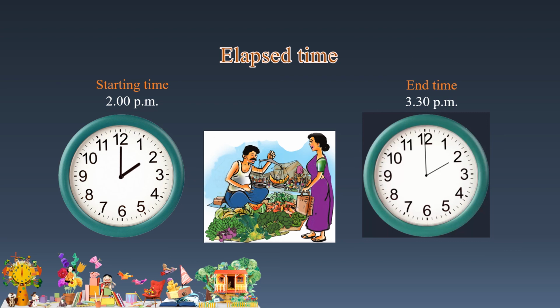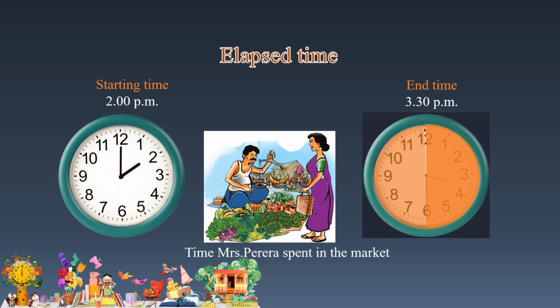So she started her work at 2 p.m. and the end time is 3:30 p.m. So what is the elapsed time? Yes, she has been there for 1.5 hours. Isn't that so? Therefore, I can say time Mrs. Pereira spent in the market is 1 hour 30 minutes.